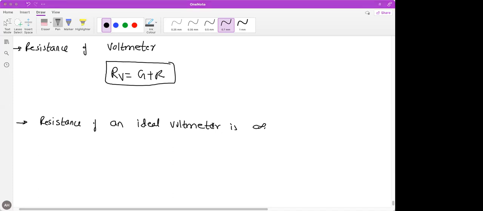Okay, now let's solve a few numericals from NCERT.